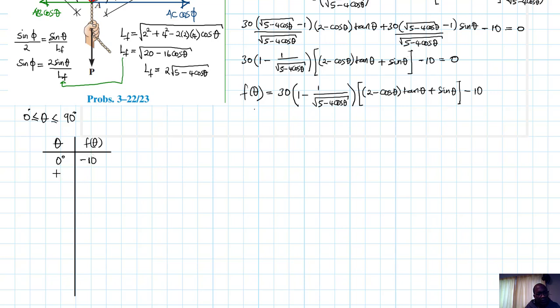Okay. Let's go to when theta is equal to 30. Let's enter 30 in the equation that I just entered once on my calculator.